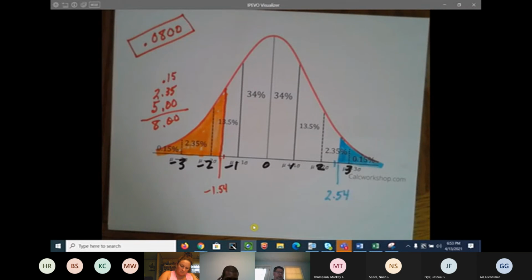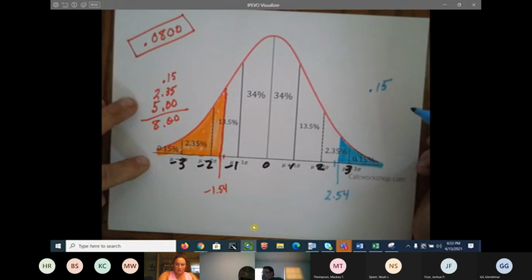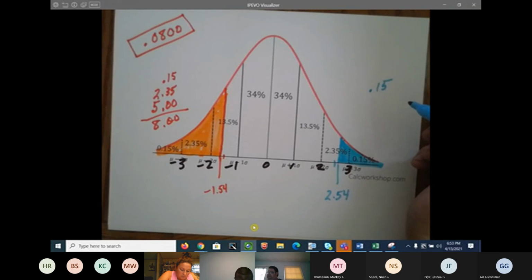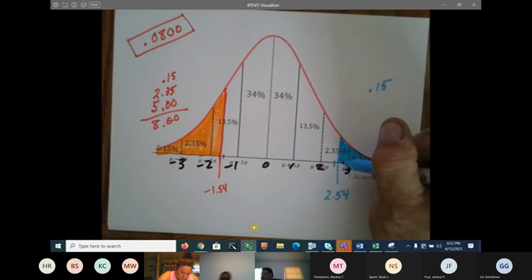And for the blue, my estimate is going to be 0.15. Somebody tell me what's half of 2.35? 1.17, Hubert. So that'd be less than 1.17.